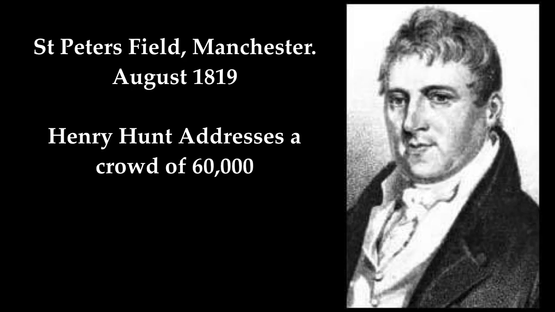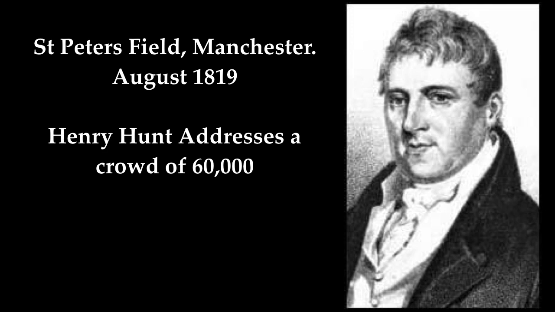So things come to a head two years later when Henry Orator Hunt decides to address a group of working class men and women outside of the town of Manchester, which is, of course, the big growing industrial town. He goes to a place called St. Peter's Field. It's August 1819.